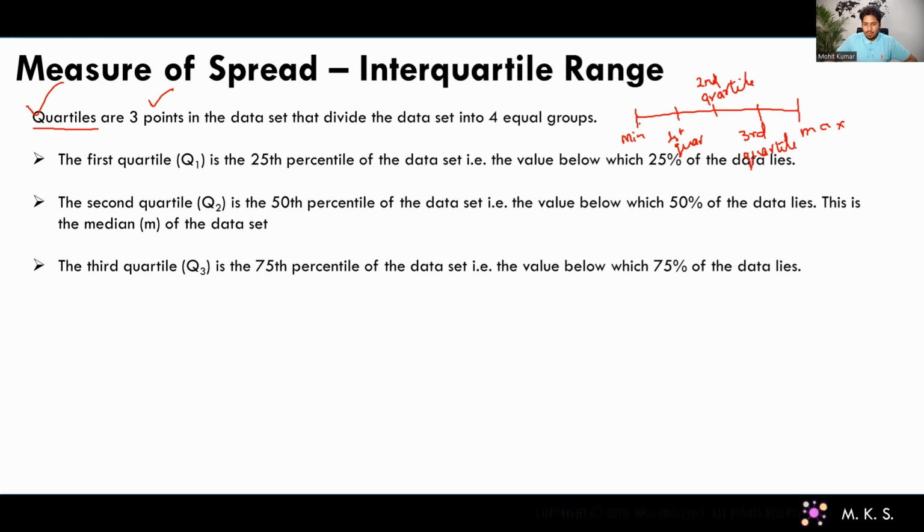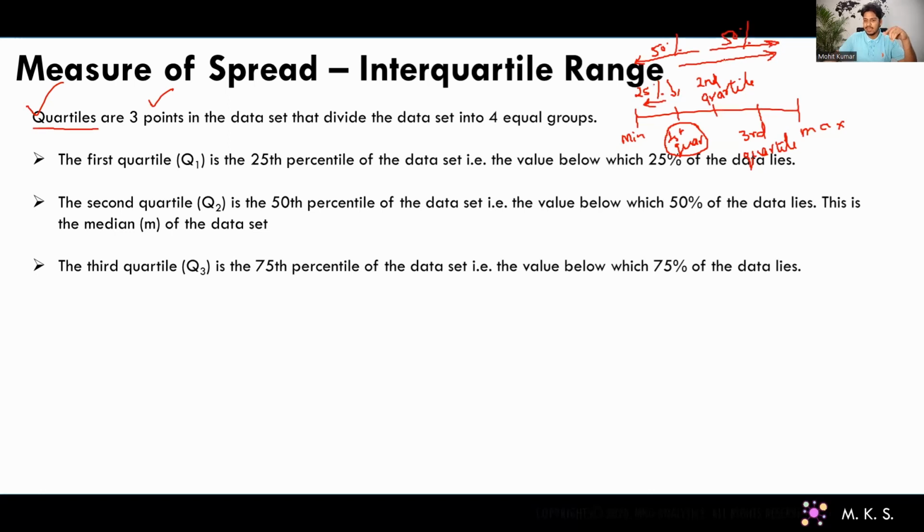Now, what is this first quartile? How do we define it? For the first quartile, we say it's a number in your data set where 25% of the data lies below and 75% of the data lies above this number. Similarly, for the second quartile, 50% of the observations lie below and 50% lie above.